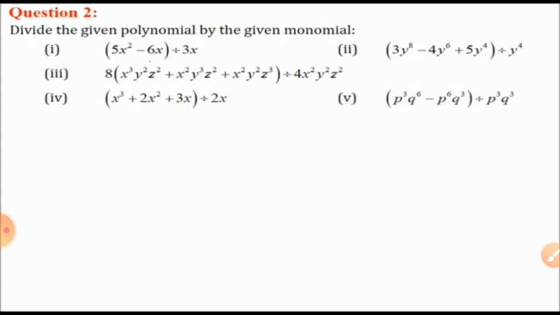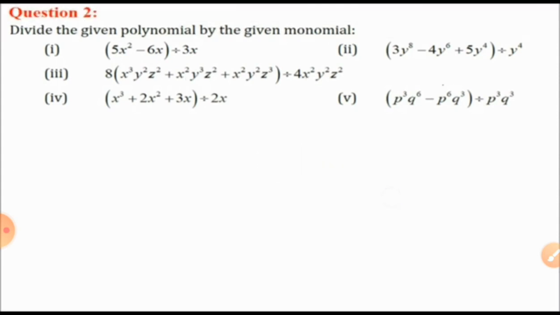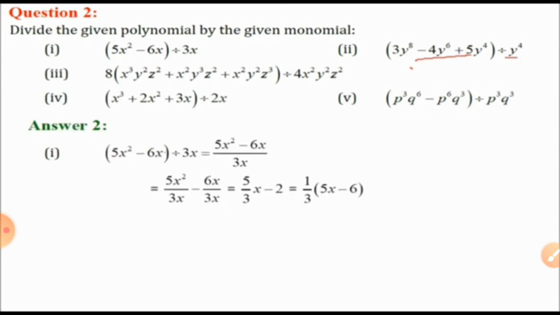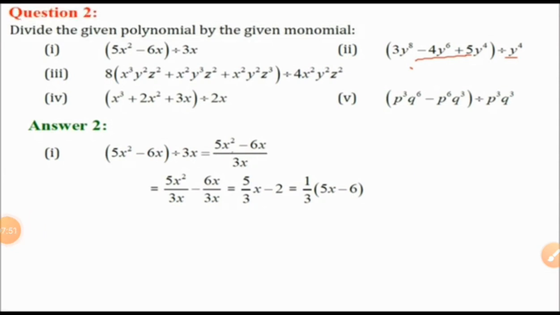So 3x divides 5x² and 6x also. What is the sign? You have to keep it as it is. Yes, my dear student, you can see what the terms are.